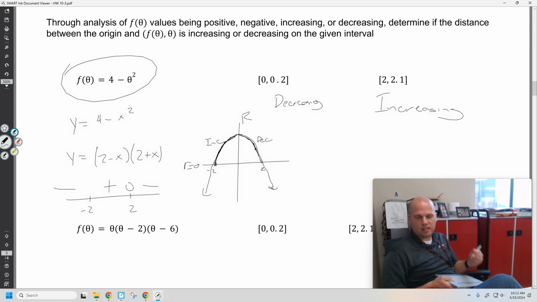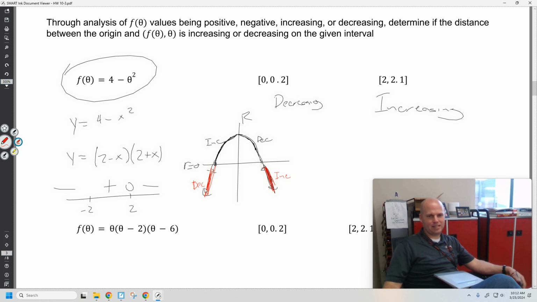So you're going to say that the distance is decreasing. But here, like bells and whistles go off. We are negative radii. Negative and getting more negative, we would say the distance is increasing. Negative but getting less negative, we'd say the distance is decreasing. So it flips when you go negatives. But don't memorize this, just understand it.